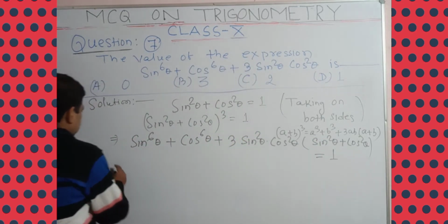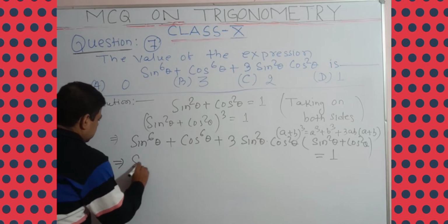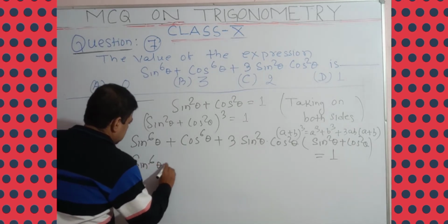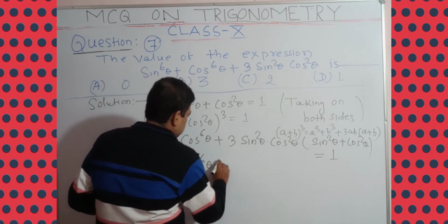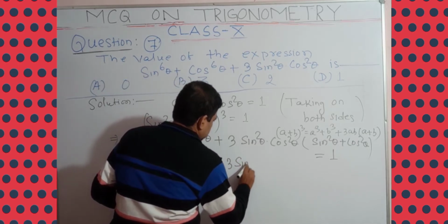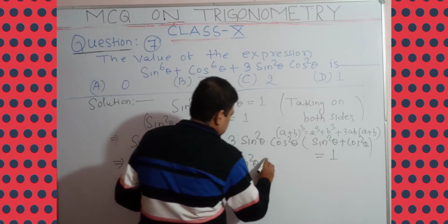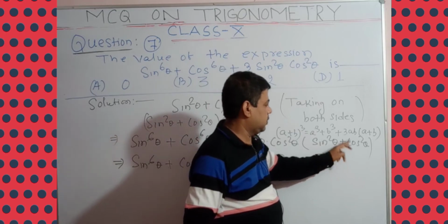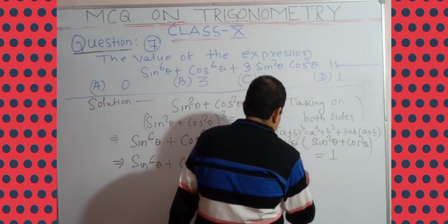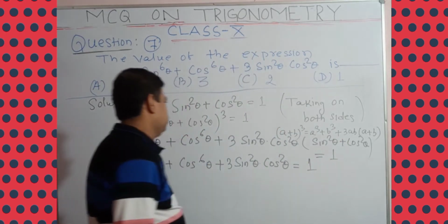So that implies sin to the power 6 theta plus cos to the power 6 theta plus 3 sin square theta into cos square theta is equal to, you know, sin square theta plus cos square theta is 1, so the value is 1 also.